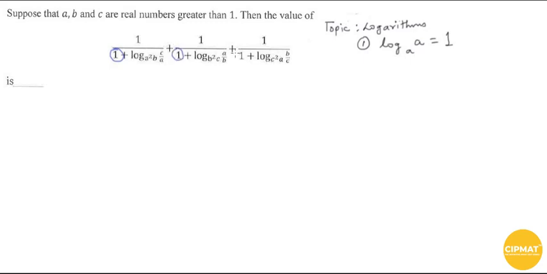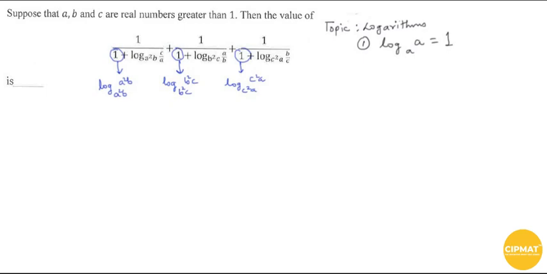So this can be replaced with log of a square b, with base a square b. Similarly, this can be replaced with log of b square c, base b square c, and this one can be replaced by log of c square a, base c square a.